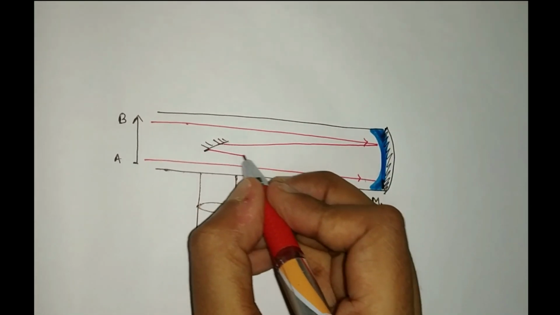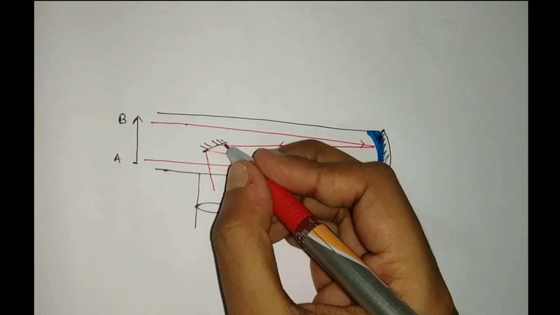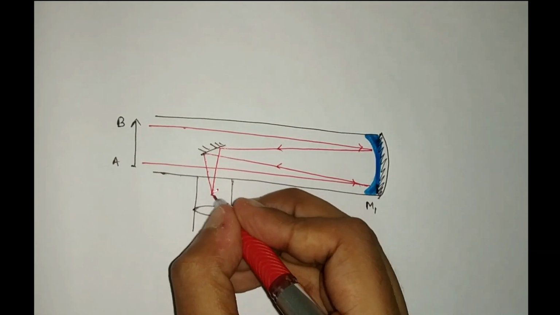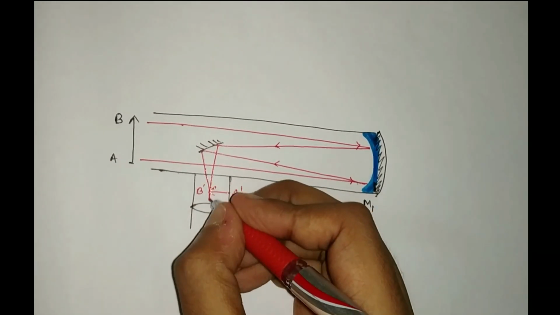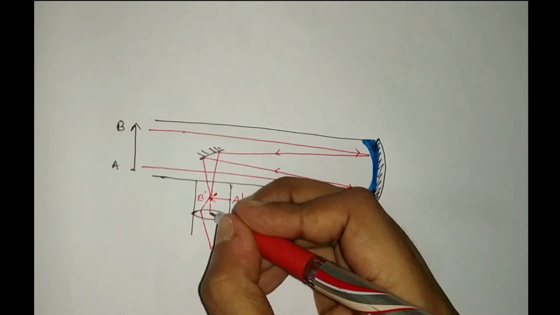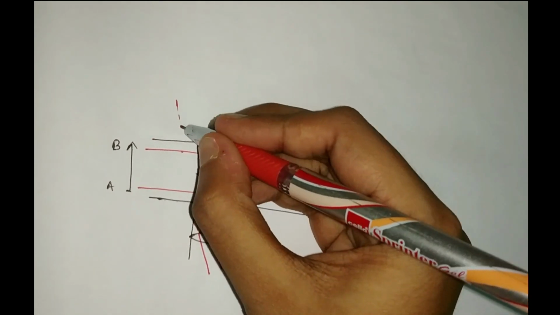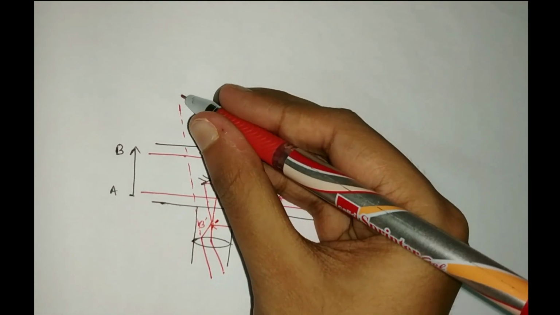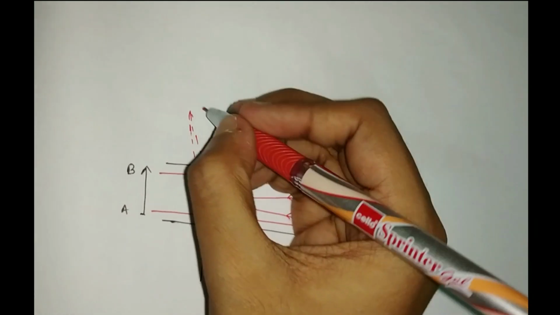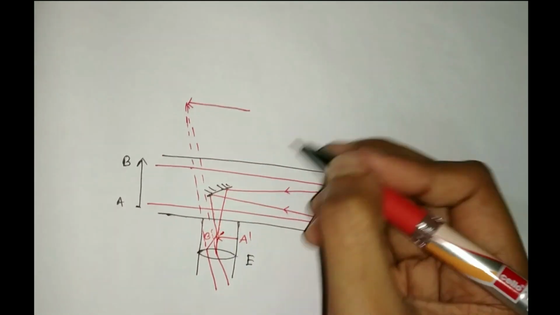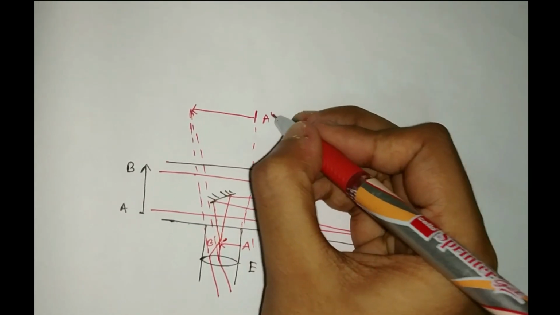The converging rays reflected by M1 are reflected again by M2, and a small real image A'B' is formed between M2 and the eyepiece E. This image A'B' acts as an object for eyepiece E. A magnified virtual image A''B'' of A'B' is formed at infinity. Finally, we can observe that virtual image through the eyepiece.